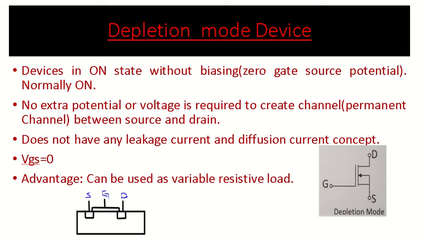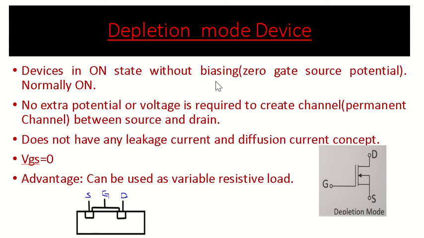To start with, what does depletion mode device or depletion mode of operation mean? The device which is in depletion mode is already in on state without any biasing itself. That means in a depletion mode of operation, the device will normally be in on state only.